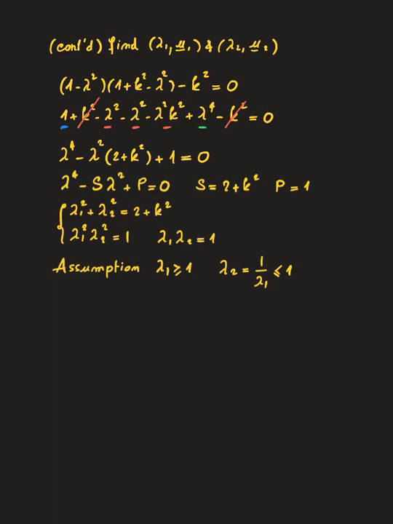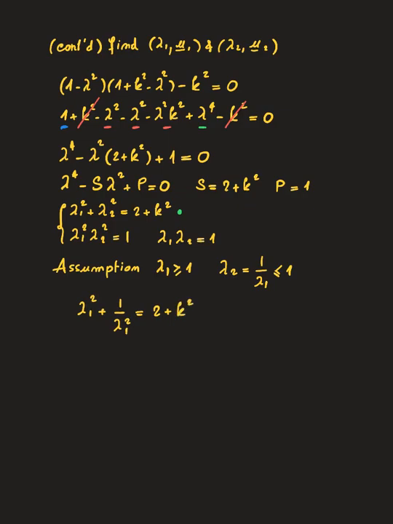So how do we find this? Well, at this point we replace this in this equation here, and instead of writing lambda 2, we write 1 divided by lambda 1, so we get lambda 1 squared plus 1 divided by lambda 1 squared equal to 2 plus k squared. Okay?